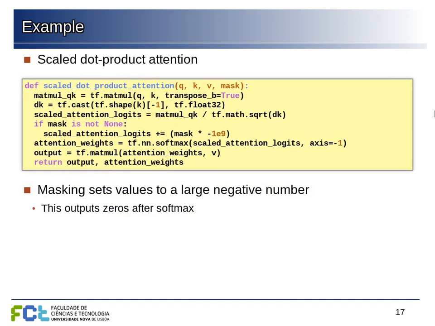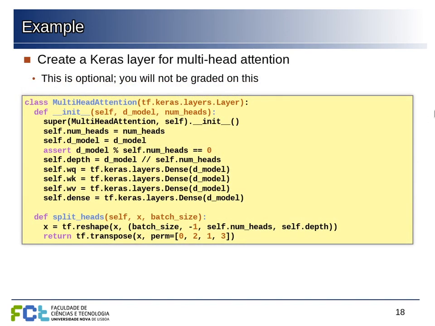Okay, so now we have the dot product attention. We can create the multi-head attention, and this is an example of creating a Keras layer. You can use that to add your own types of layers to the network. So we are creating a multi-head attention class that descends from the basic Layer class in Keras. In the initializer, we call the initialization of the parent, and then we define the number of heads and the depth of the model.